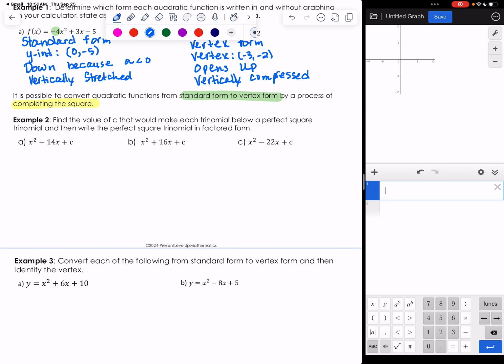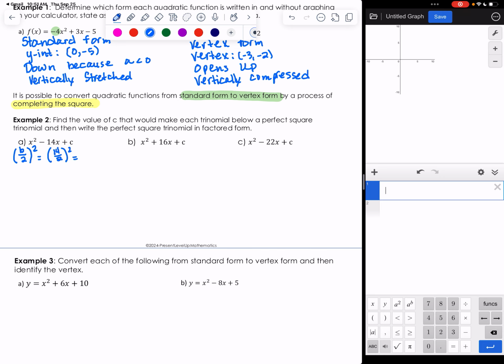So the way that we find the value of c that will make this a perfect square trinomial is we take the value of b, divide it by 2, and square it. In other words, take the middle number, divide it by 2, and then square it.